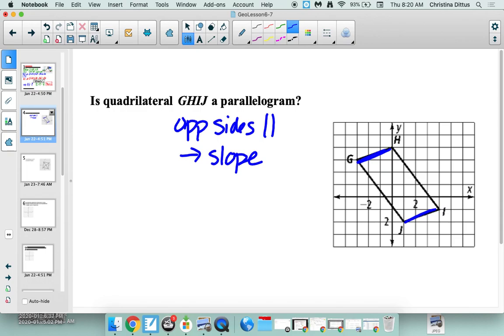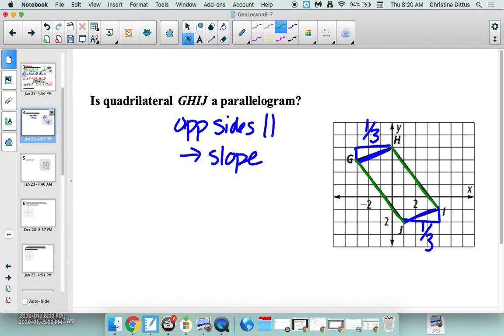When you have a graph, you can count slope with rise over run. You go up 1 over 3, so this is 1/3. What's this slope? Up 1 over 3. So are those parallel? Yes. And then I want these to be parallel.